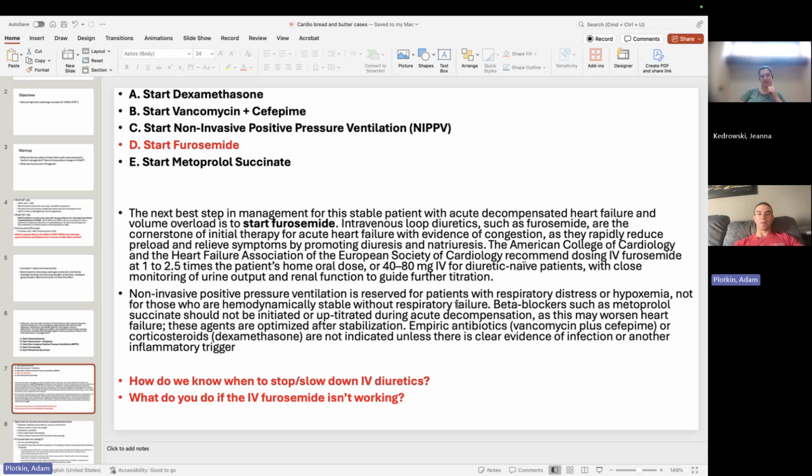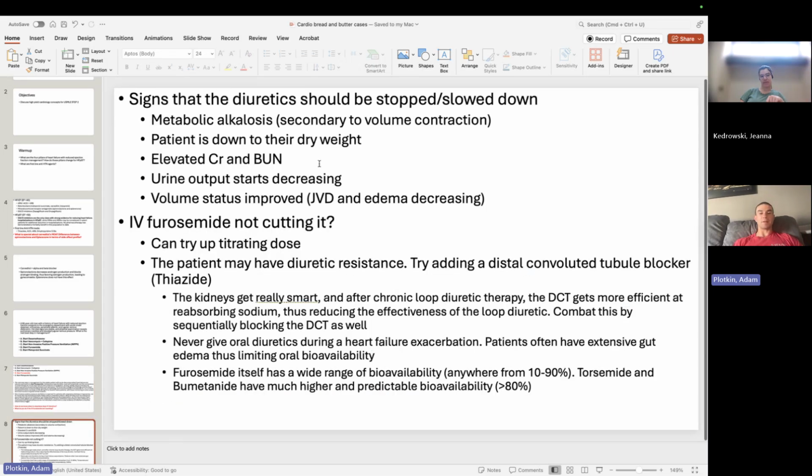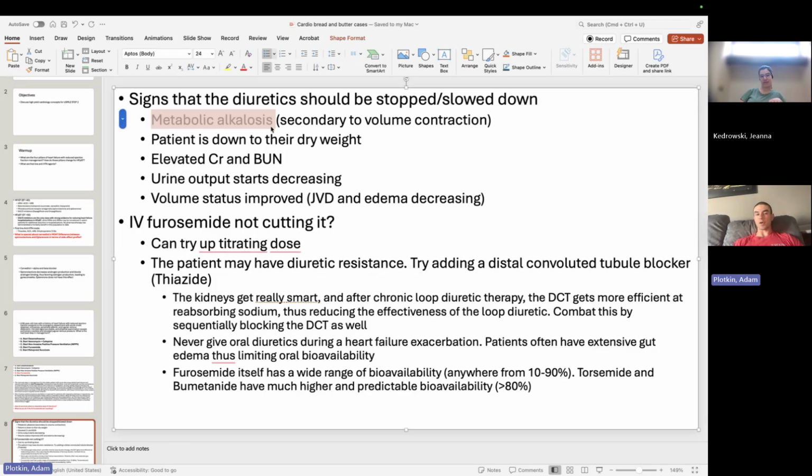Really in the spectrum of it, bumetanide, then torsemide, and then furosemide. So 1 milligram of bumetanide is equal to 20 milligrams of torsemide, which is equal to 40 milligrams of furosemide.